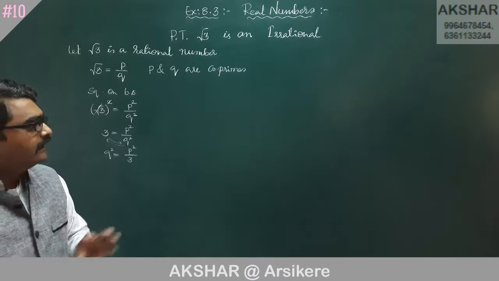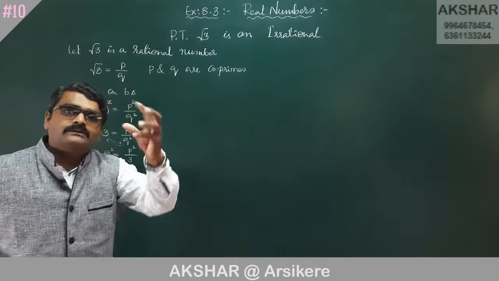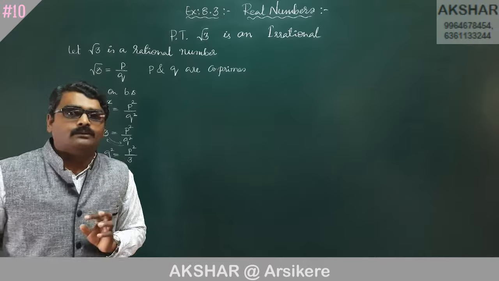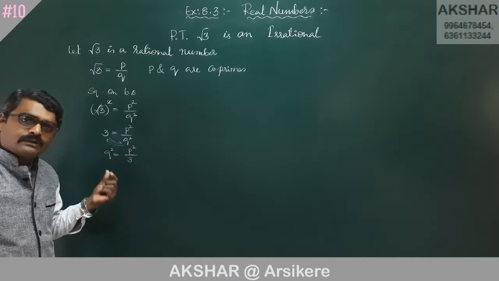Right? Okay. In the previous problem, a square number is divisible by 2, then its root is also divisible by 2. Here, a square number is divisible by 3, then its root is also divisible by 3. Can I write it? Therefore, p square is divisible by 3. Hence, p is also divisible by 3.